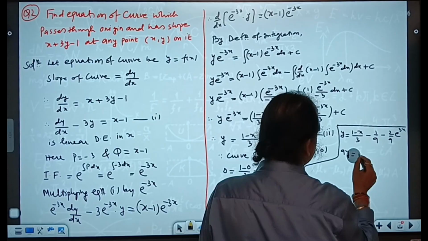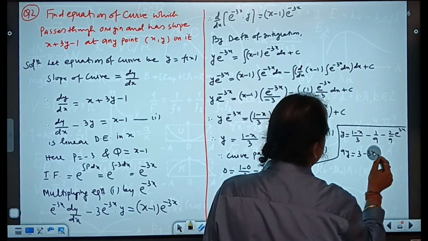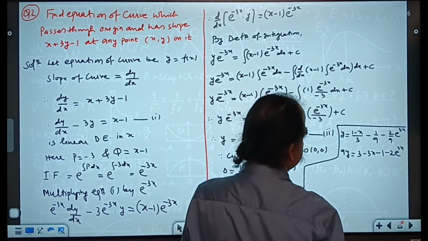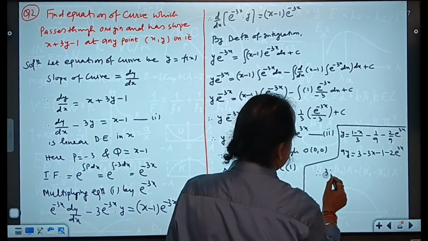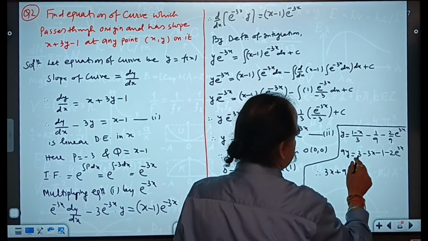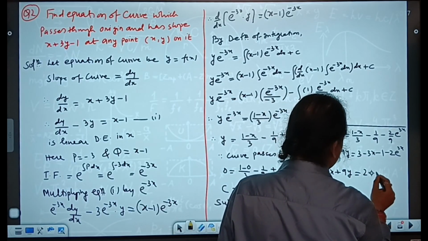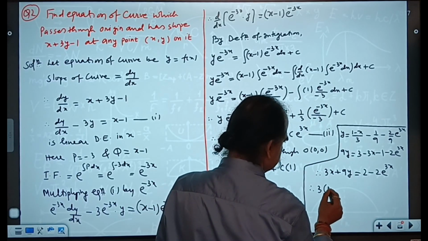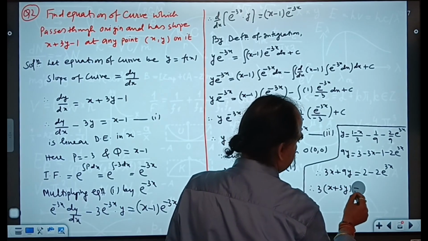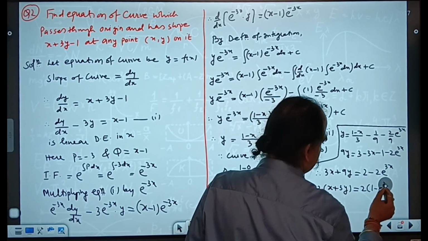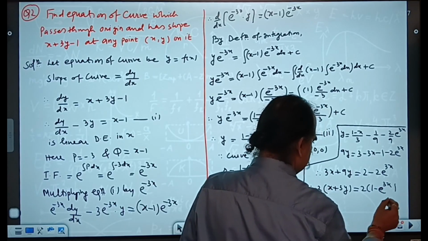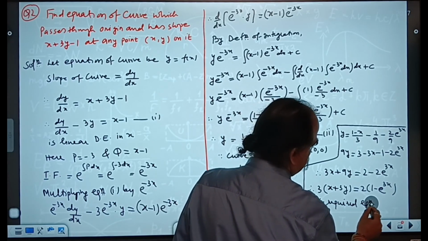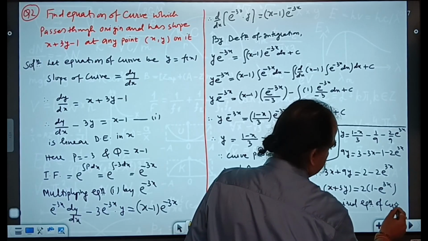So 9y is equal to 3 minus 3x minus 1 plus... 3 minus 1 is what? 2, minus 2 e raised to 3x. 3 common. x plus 3y is required equation of curve.